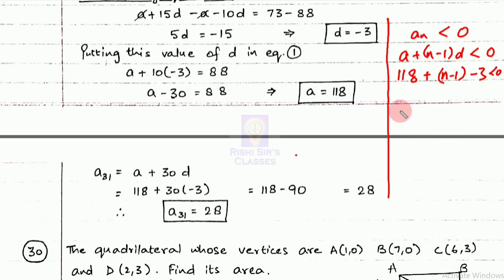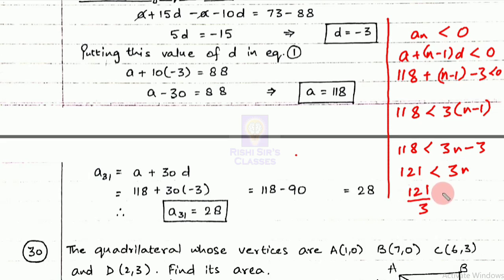Or we can say 118 should be less than thrice of (n minus 1), or 118 should be less than 3n minus 3, or 121 should be less than thrice of n, or 121 upon 3 should be less than n. If we divide this, we will get the answer as 40.33, and n should be more than this.